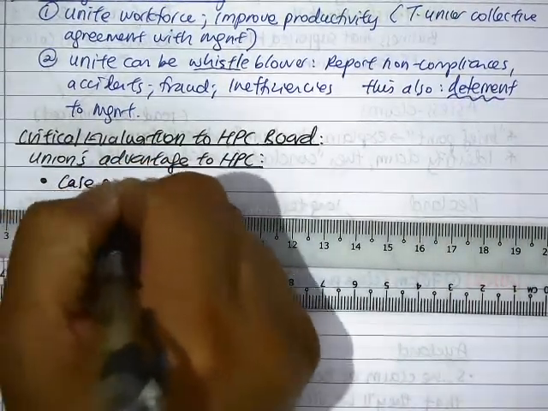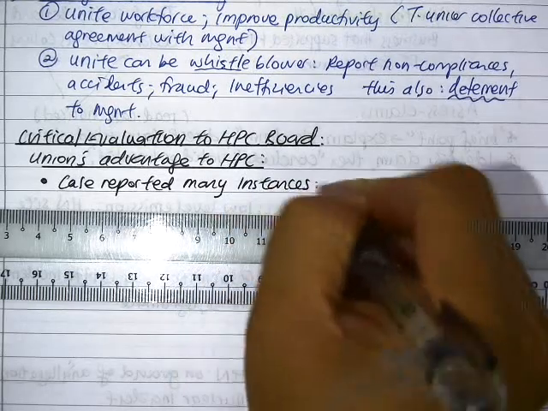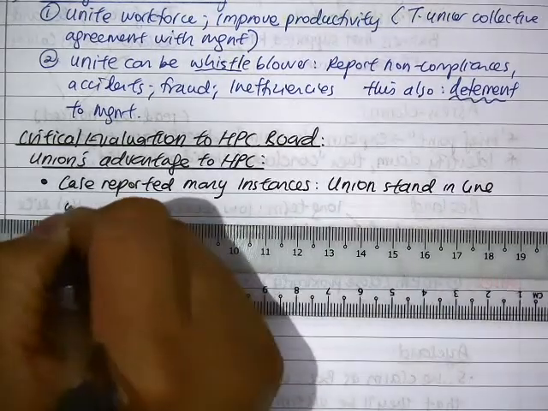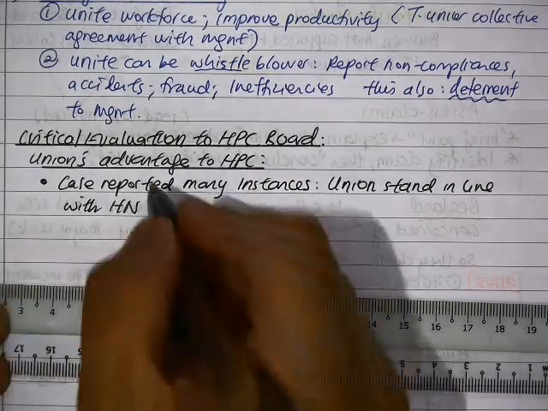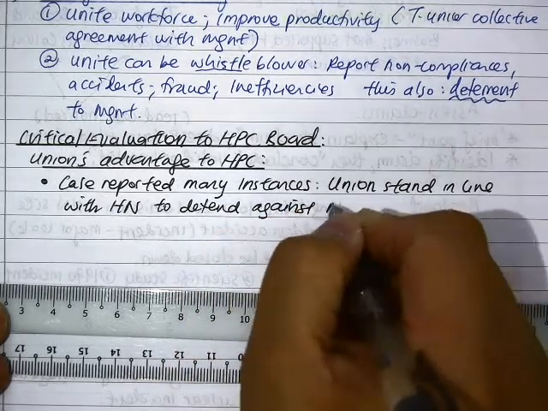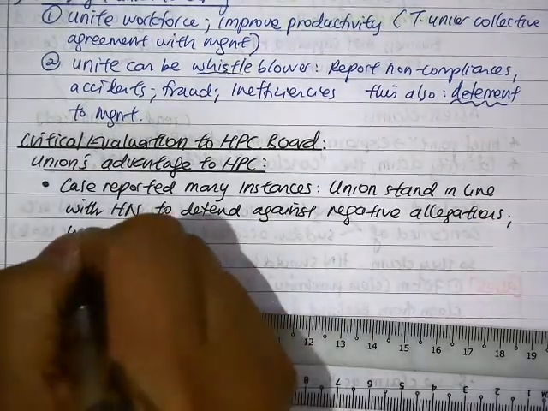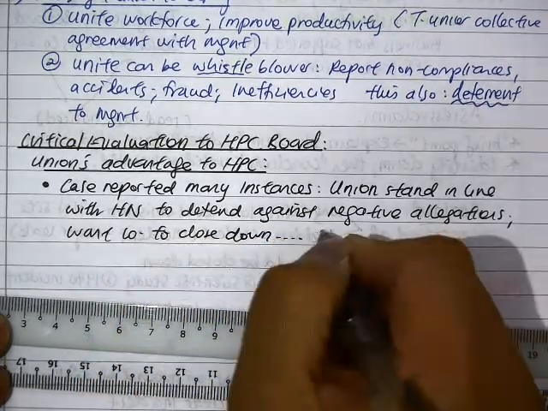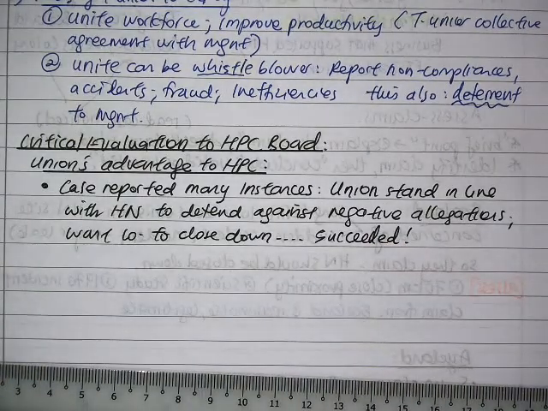So the case actually reported that in many instances the union stood in line with HN to defend against all the negative allegations that wanted the company to close down, and in most cases they have succeeded.